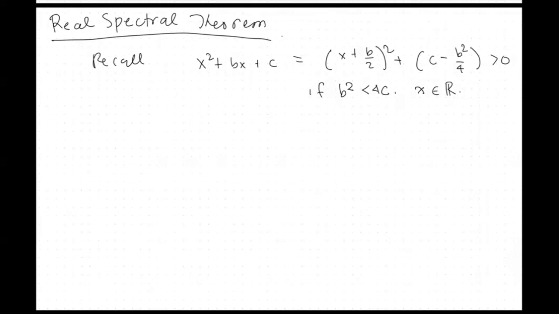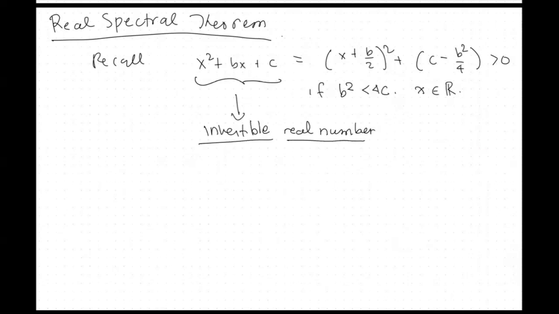So this is the result from our high school math. So in particular, this is invertible. If you plug in an arbitrary real x, and b and c satisfy b squared less than 4c, you get here an invertible real number.